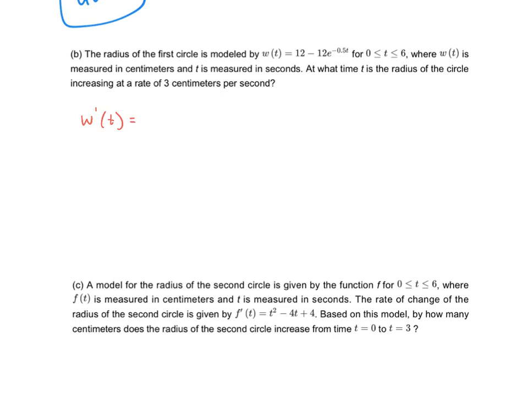Okay, 12 goes away. So this will be negative 12 e to the negative 0.5 t, and then times the derivative of the exponent, just negative 0.5.